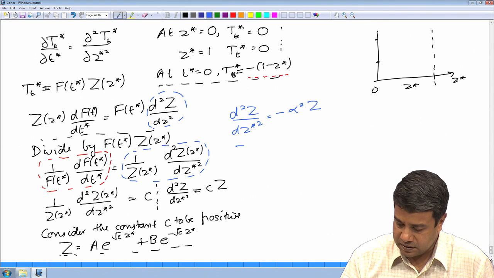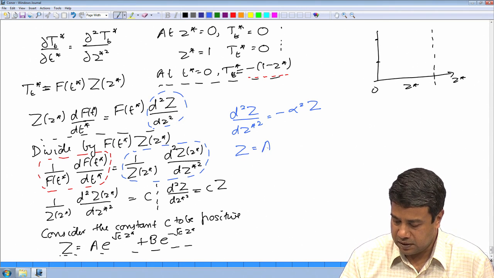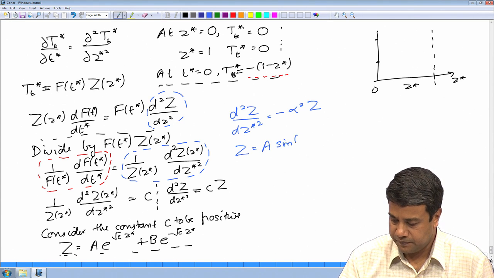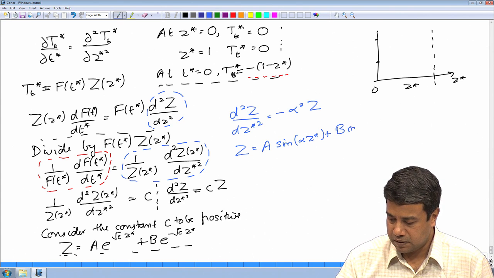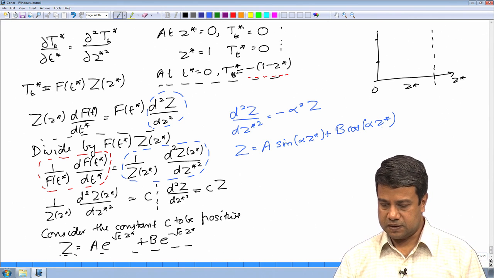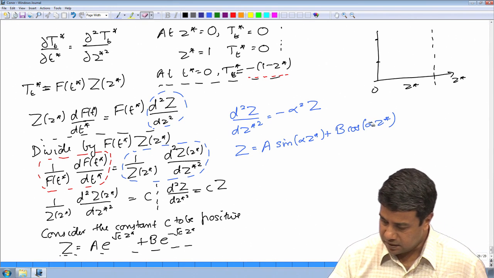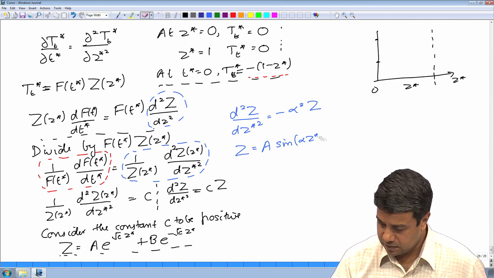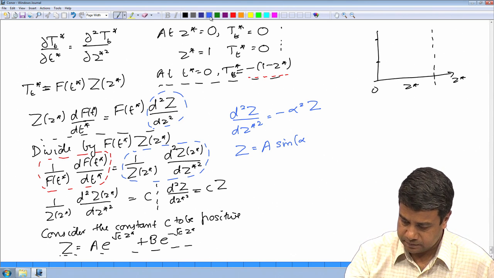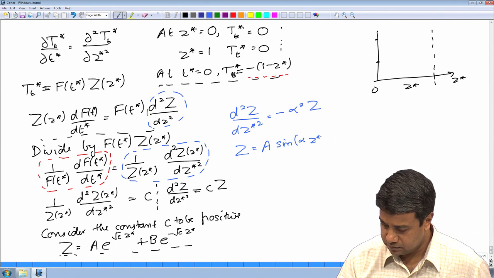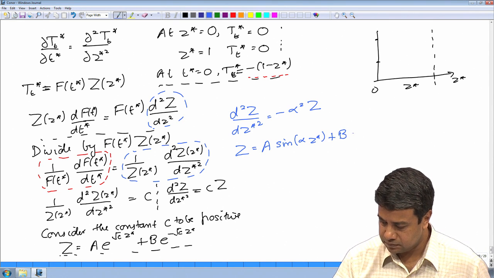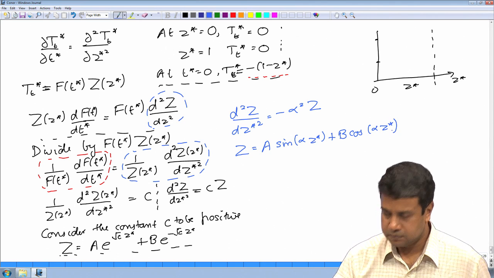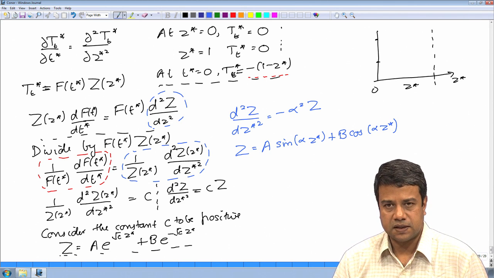The solution of this is Z is equal to a sine alpha Z star plus b cos alpha Z star. That is a solution for this. So, that is the solution in this case.